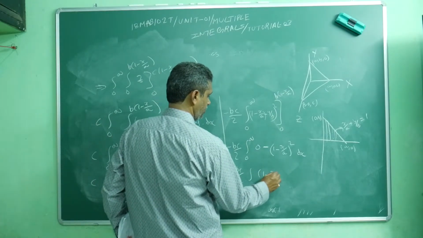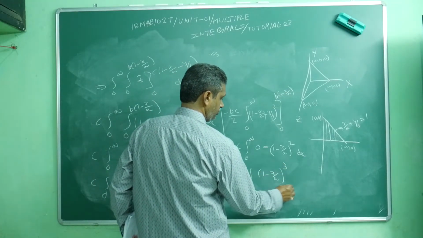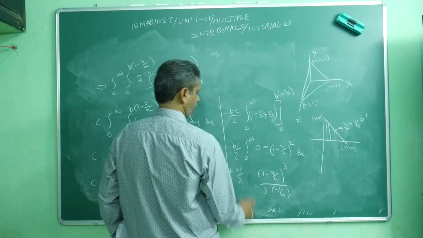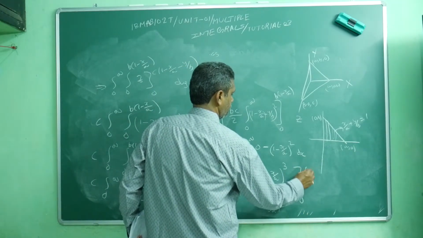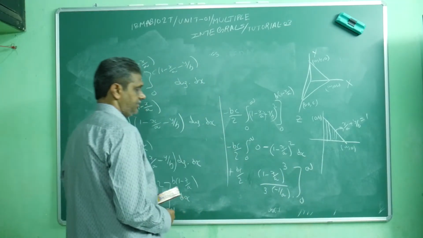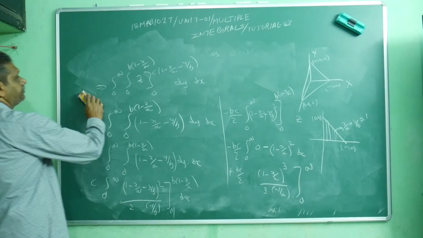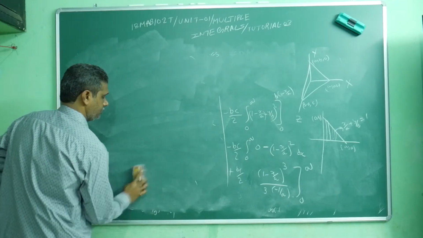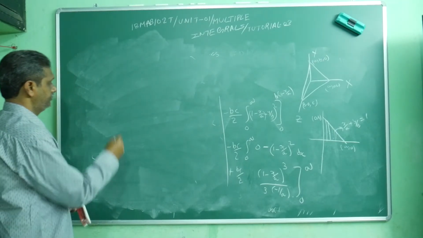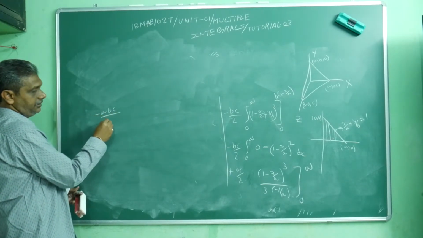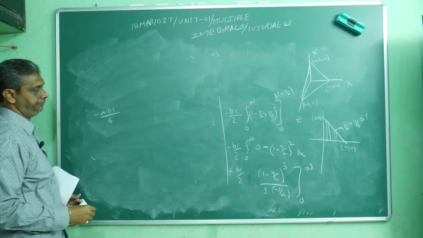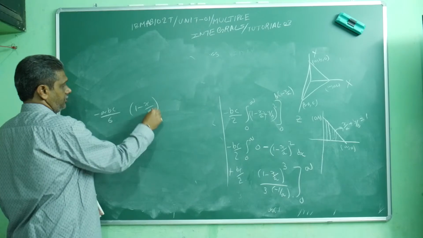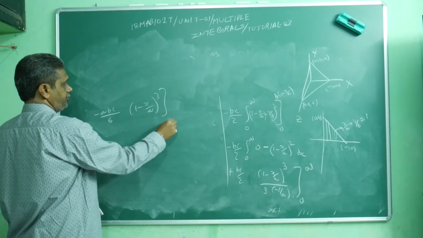Then this is what? 1 minus x by a whole cube by 3 into minus 1 by a, integrated, sorry. So this is 0 to a. This a also we can bring this side. Now what will I get? Minus abc by 6. Correct or not? Then the limit is 1 minus x by a whole cube, 0 to a.